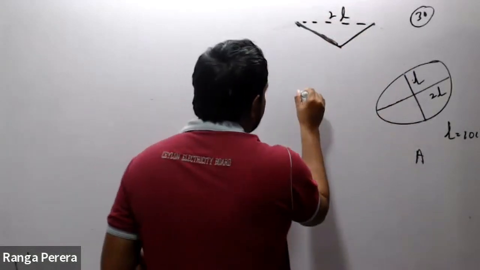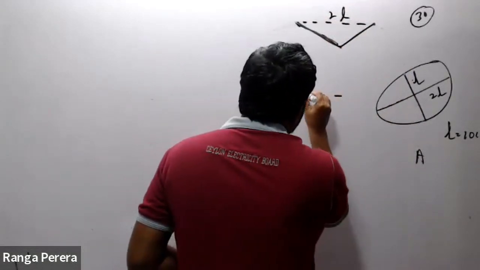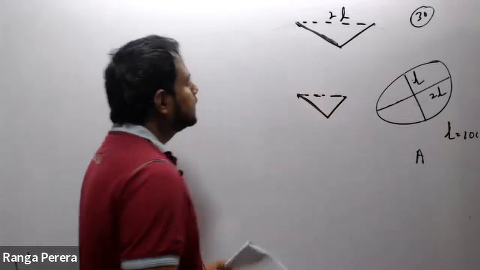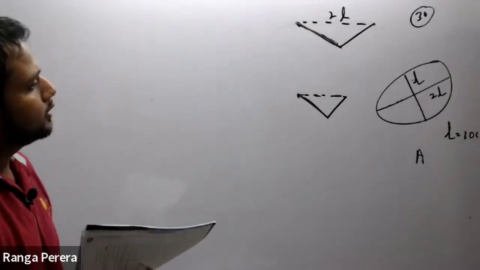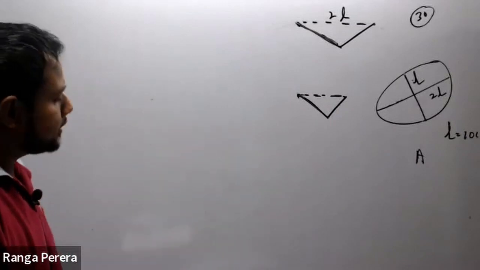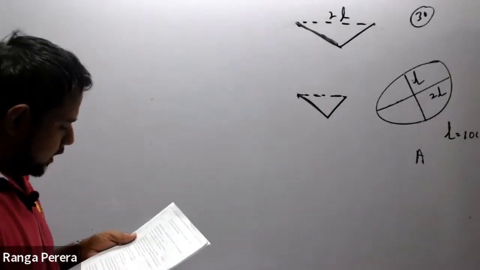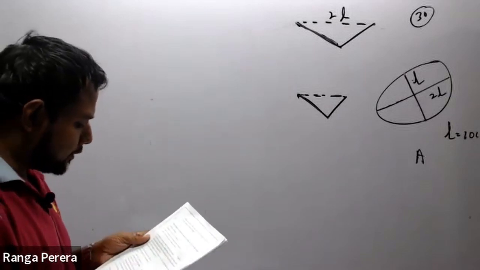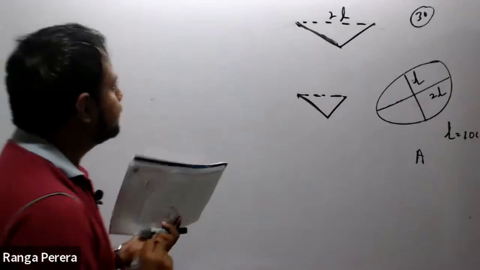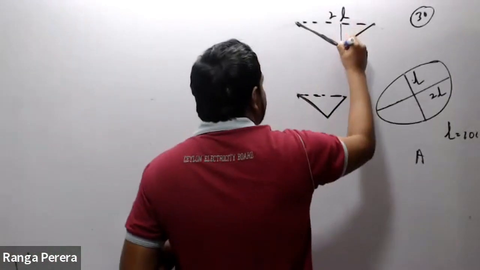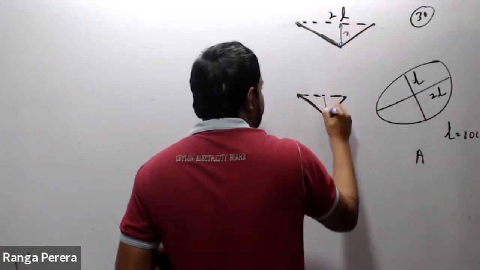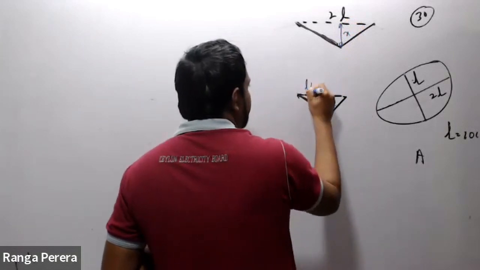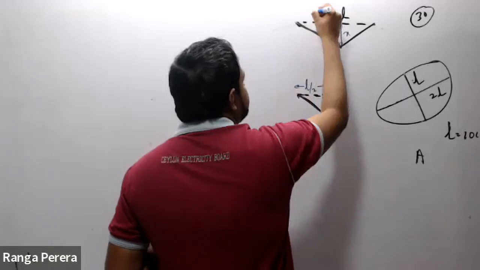For the short one, it is L. It is now like this. You should understand practically. If X is the depression of the point of contact of the strings due to the application of force, here it is X. Here it is X. This is L by 2. This is L.